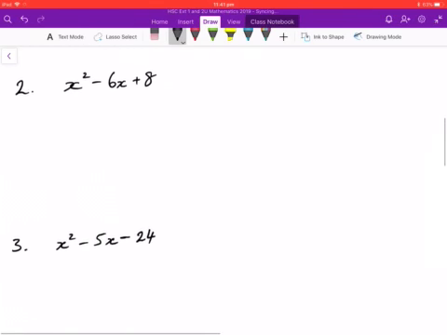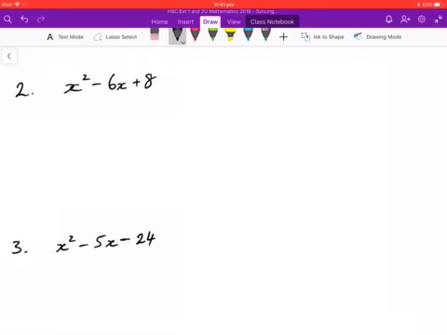Right, same principle here. Now, in this case, we need to take note of the fact that we've got a negative 6x and we've got a positive 8. So we've got two values. They have to multiply to 8, the constant term, and they have to add to negative 6. What are those two numbers?